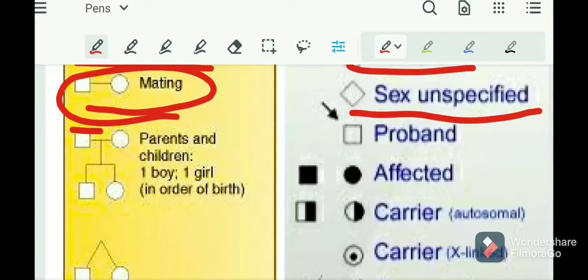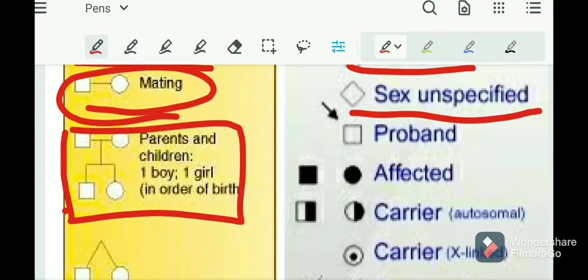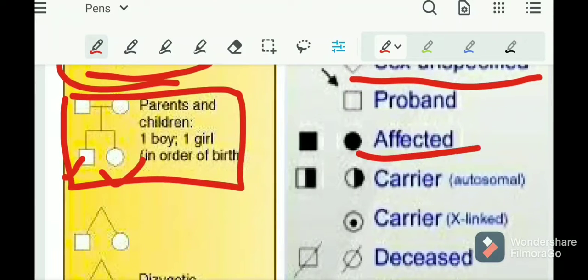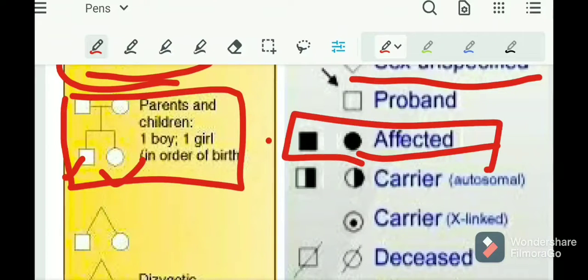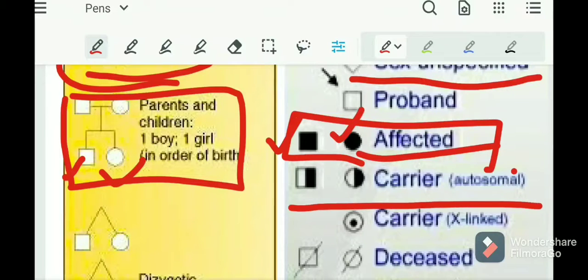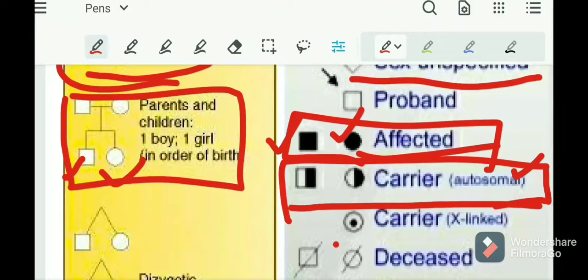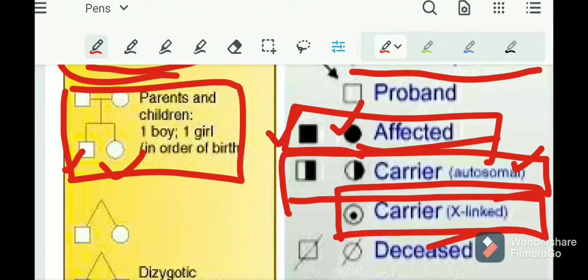This shows parents with children, one boy, one girl. Now this is for affected, like affected male and affected female. This is for carrier in autosomal diseases, and in X-linked the carrier is this.